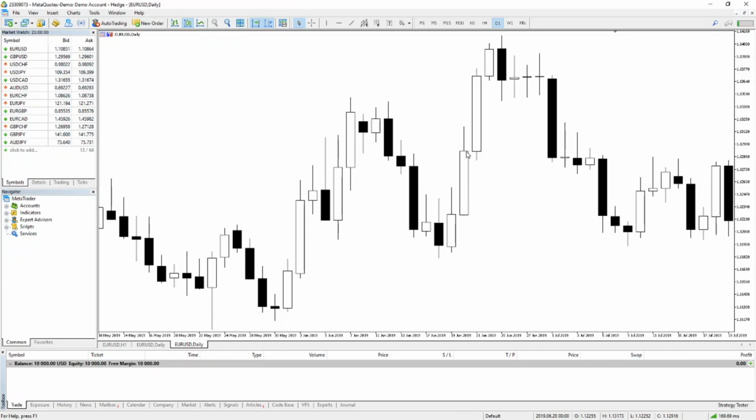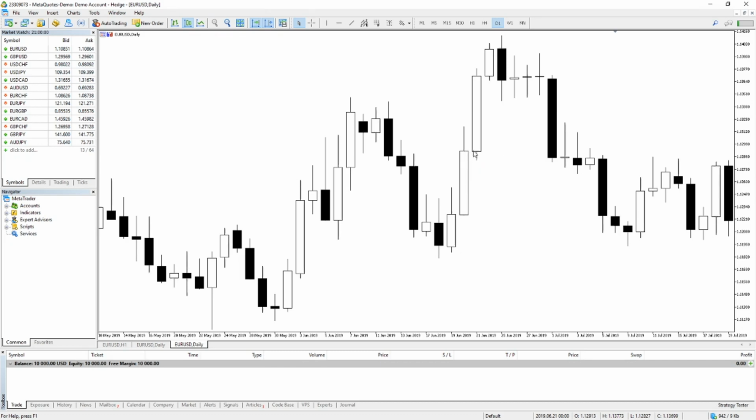But when the next day, 5 p.m. came, the price was here. So that was the closing price. So this is opening, this is closing, this is high, this is low. So next candle we see the closing of the previous candle is the opening of the new candle.